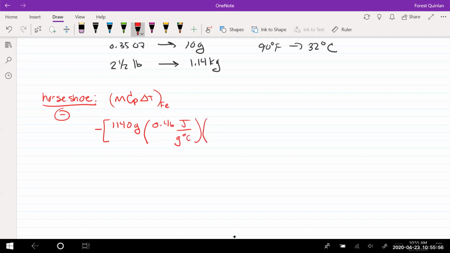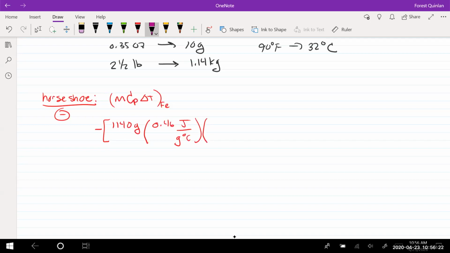And what is our temperature change? We don't have T initial. That's what we're looking for. Okay. Do we have anything else though? Can we assume that the iron goes to the same temperature as the water?